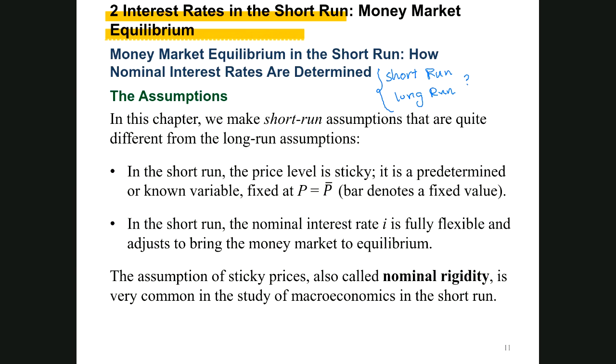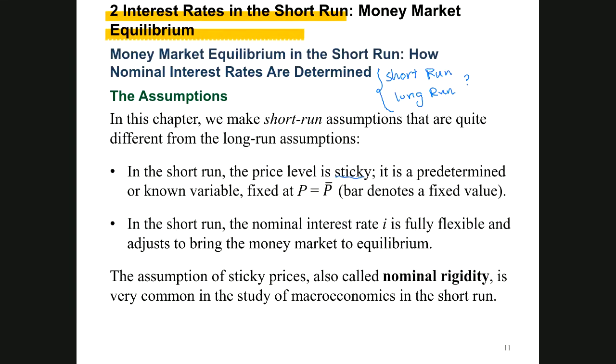So that's how we define long run and short run in the goods market, in consumption, investment and government spending. In the goods market, that's how we define whether the production input is movable, right?